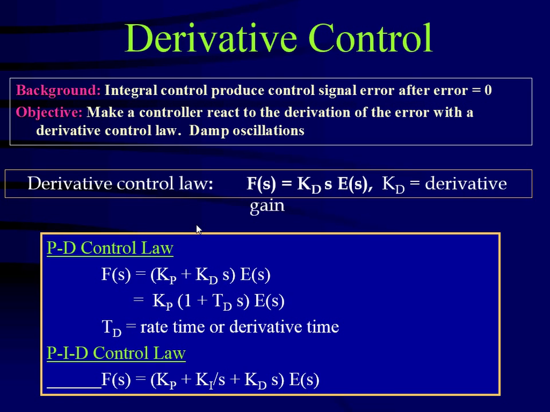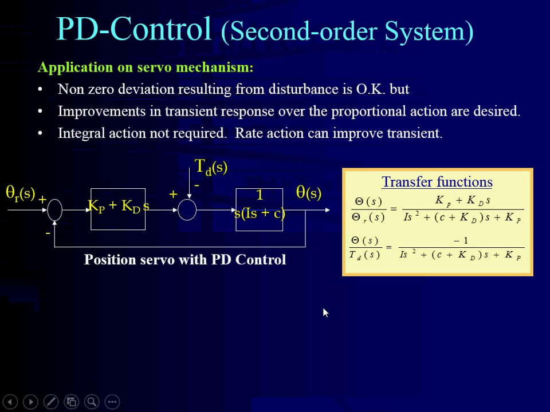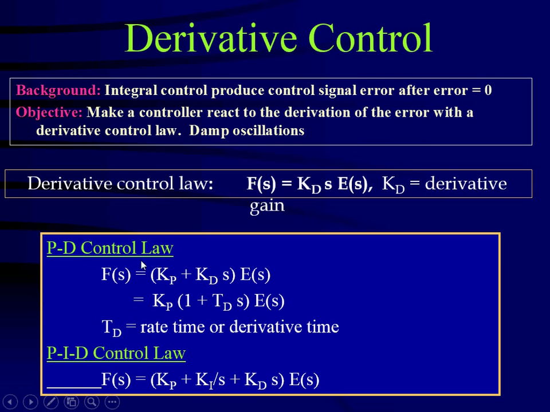So the derivative law is, you have the gain for derivative control, remember d/dt, so it's the derivative times the error. So this is the derivative control law. So look on the bottom now, your control system, if you have a PD controller, is going to look like you see on this equation right here.